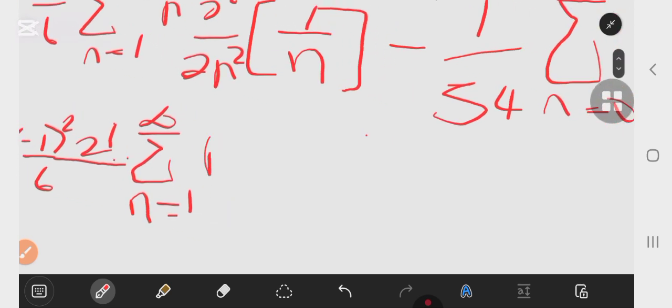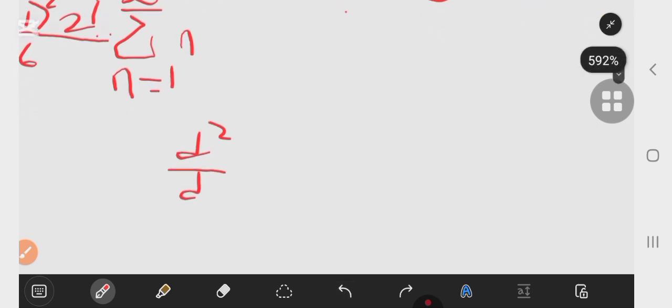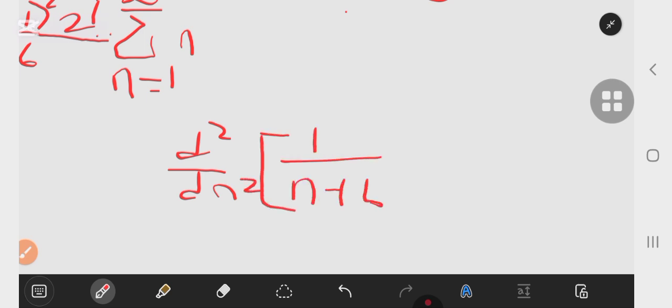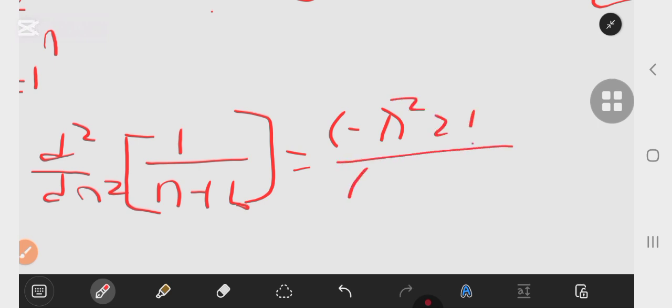Sorry, this sum looks ugly. Then remember that the second derivative of 1 over n plus b, like I said, will be minus 1 squared 2 factorial all over n plus b to the power of 2 plus 1.